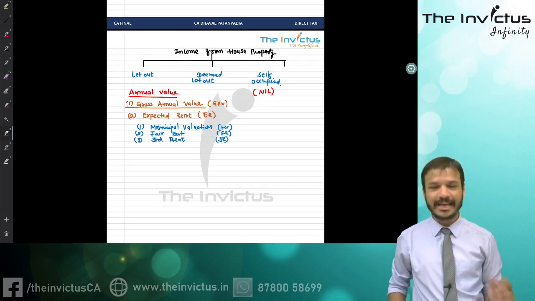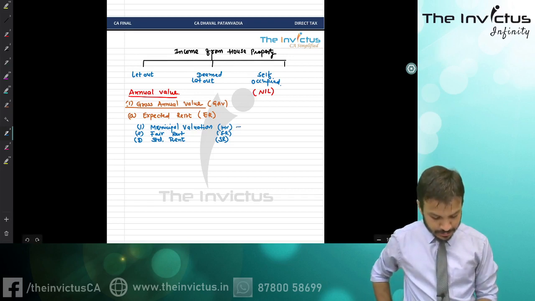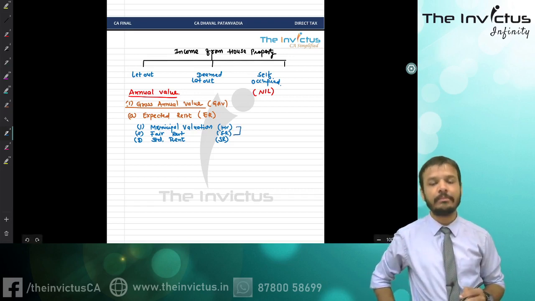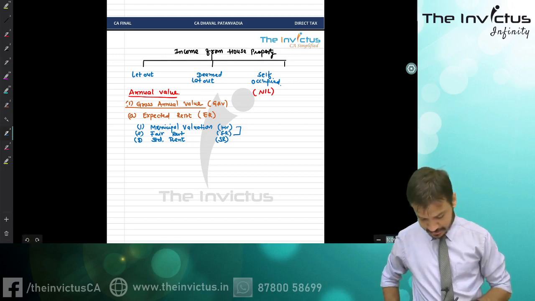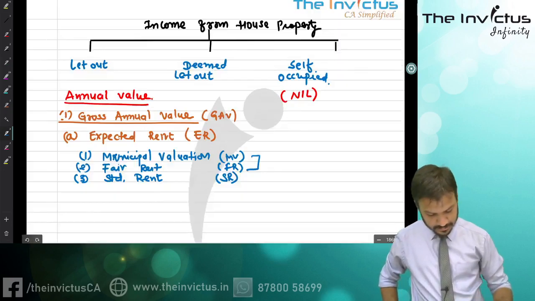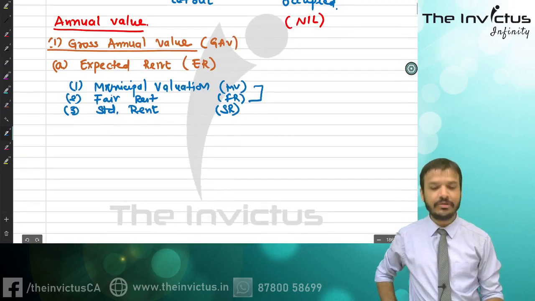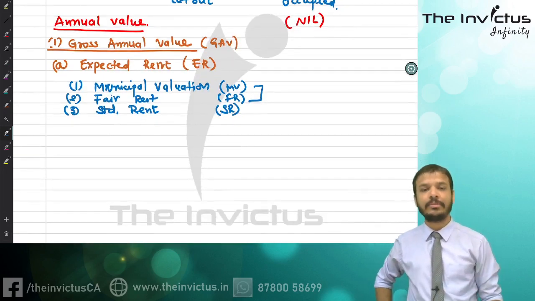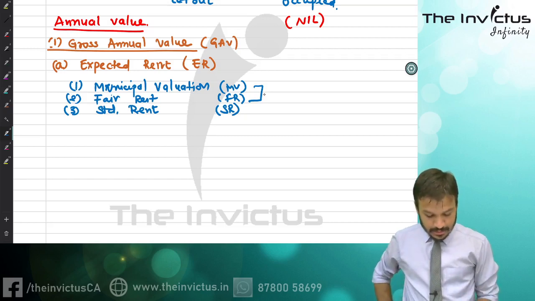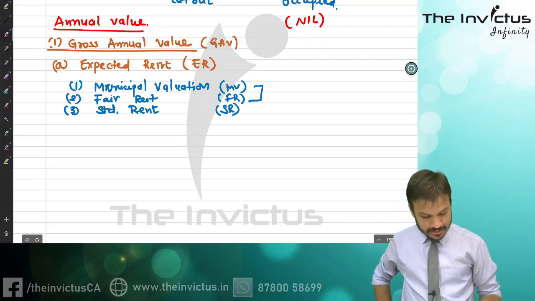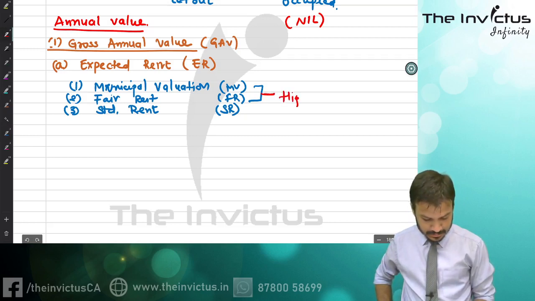To compute expected rent, I need to compare the first two things, MV and FR. First of all, I'll compare municipal valuation and fair rent, out of which the higher amount I will consider first.